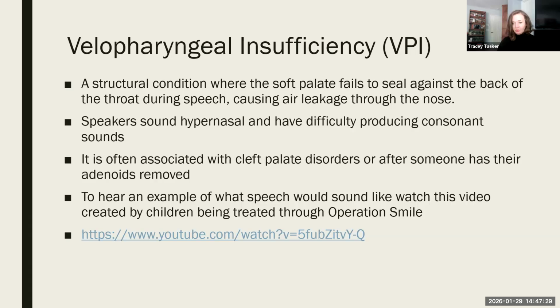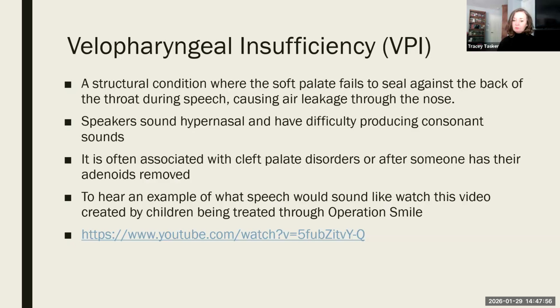So what you would notice if someone has velopharyngeal insufficiency is they sound very nasal when they're talking. We call it hypernasality. And they often have difficulty producing consonant sounds because they don't have enough airflow to produce the sounds. It's often associated with cleft palate disorders, and sometimes if someone has their adenoids removed, it also causes VPI.